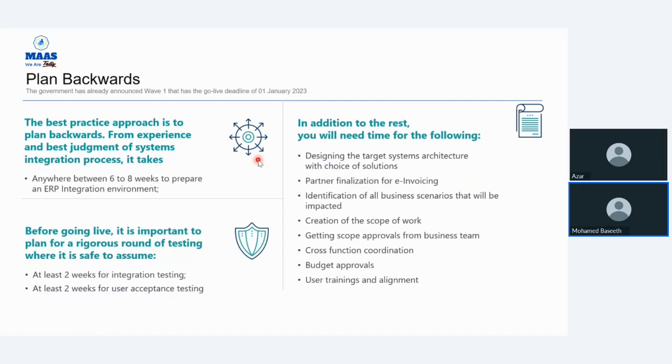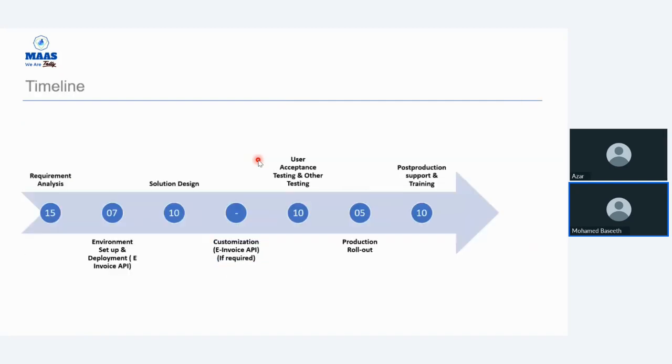Then we will check the system readiness also, how the system is handling the demands of how many invoices we are making and how much time it is taking to validate. All of this happens to optimize the time required to upload the invoices.